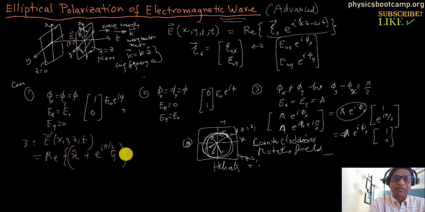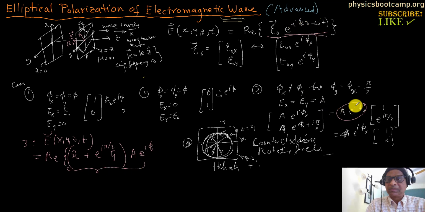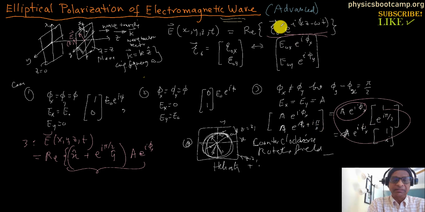So that's the common part. The rest of the common part is a e to the power i phi x, which is arbitrary, and then this whole thing is coming from this part here into that.